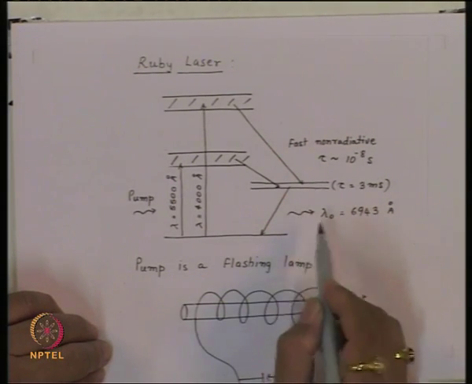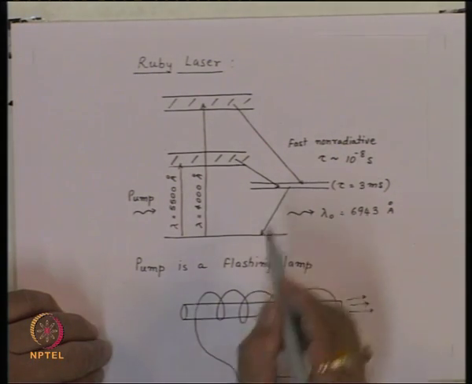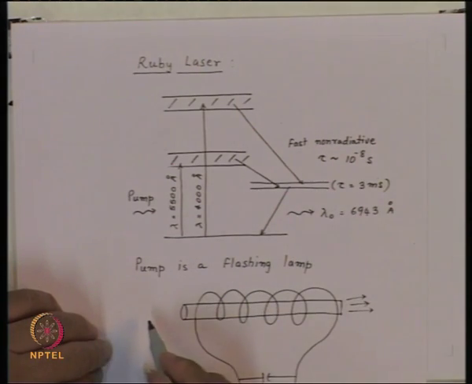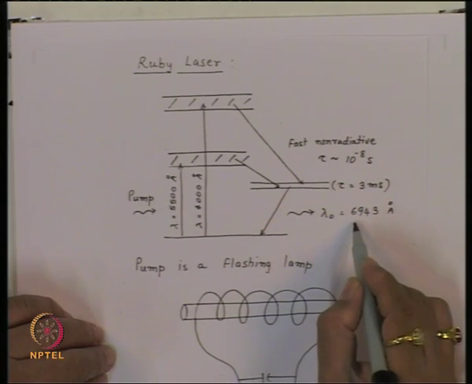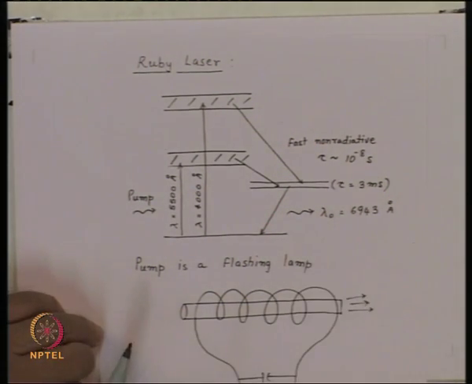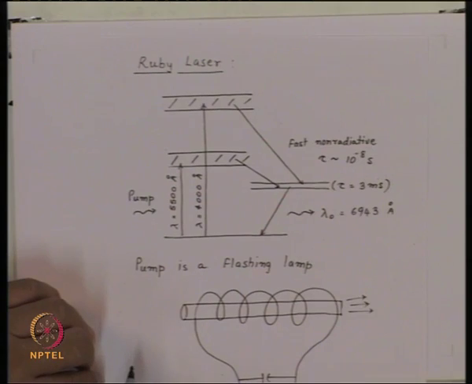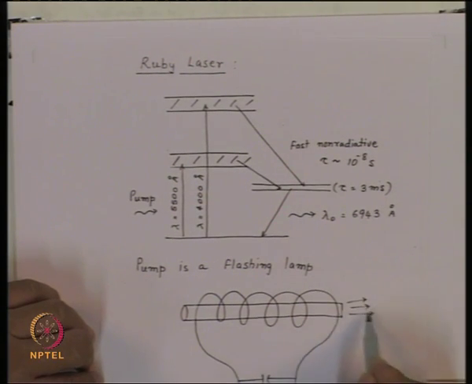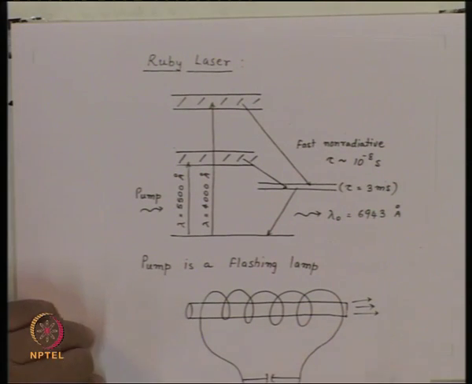If we now have a feedback mechanism appropriate for this energy level difference, then that photon can trigger the stimulated process and you can get generation of light at a wavelength of 6943 angstrom. This is red color in the visible spectrum. So, we get a red glow coming from the ruby rod, a laser acting at 6900 angstrom, in the red color of the visible spectrum.